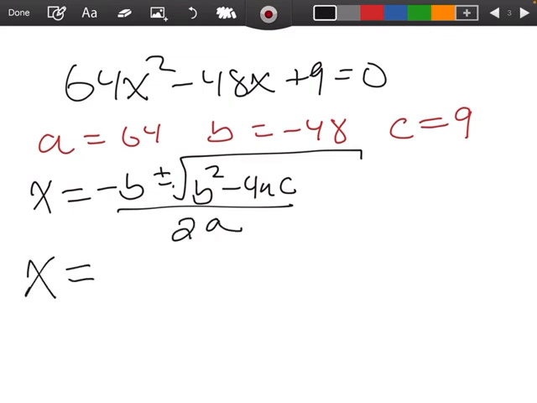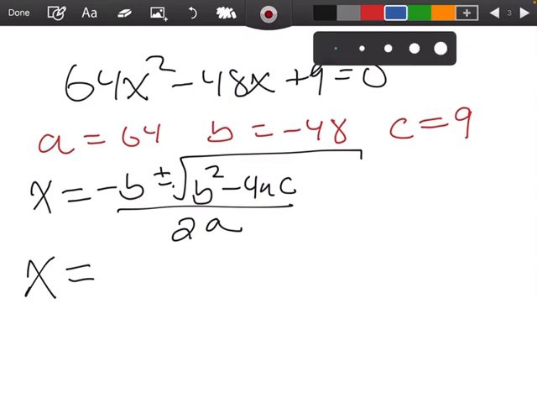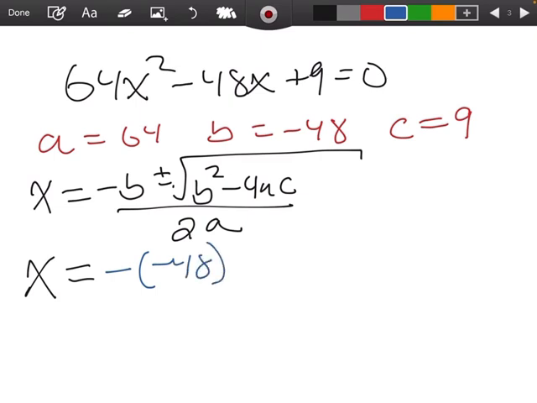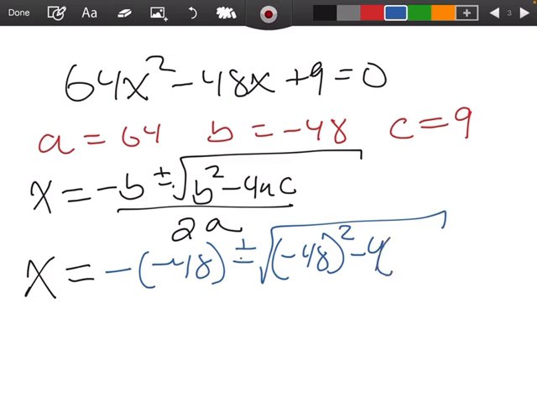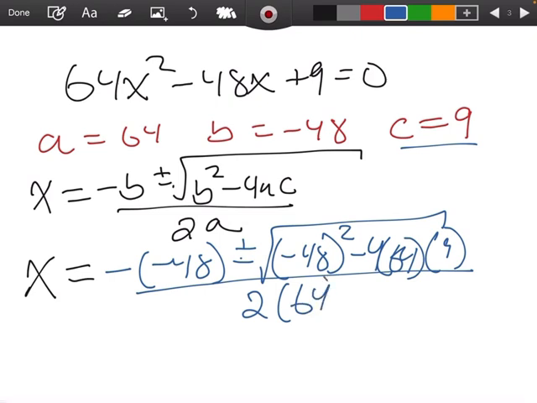So look, the first part of the formula says negative b. So I'm going to write negative b, which is a negative 48, plus or minus the big square root of b squared, negative 48 squared. Is it going to be a big number? Yes. But that's what we have our calculator for. Minus 4 times a, so 4 times 64, times c, times 9, all over 2 times 64, okay?